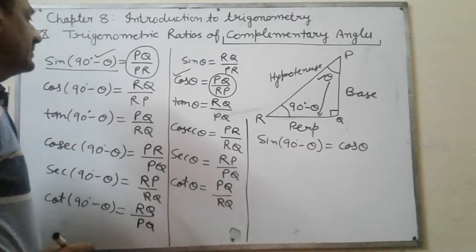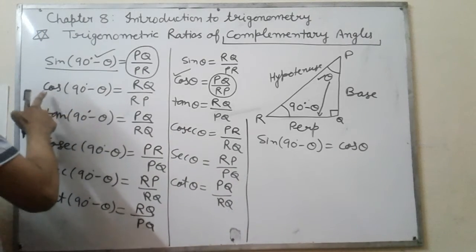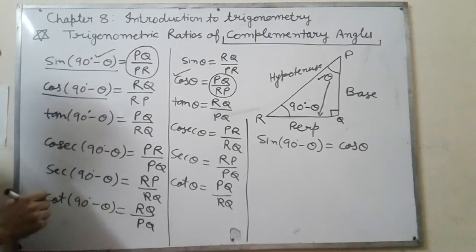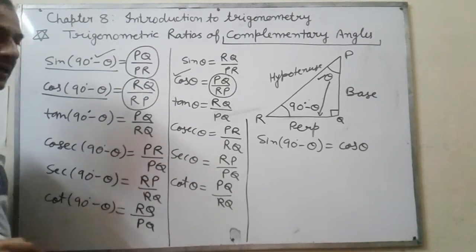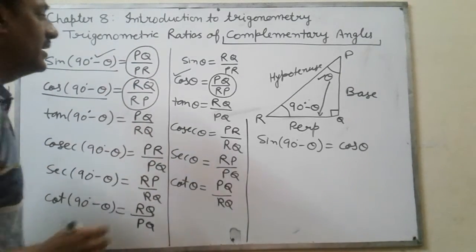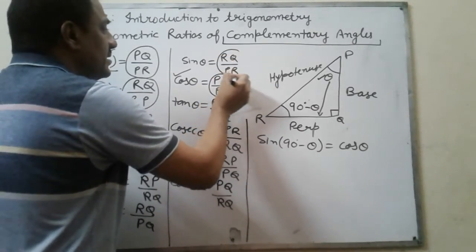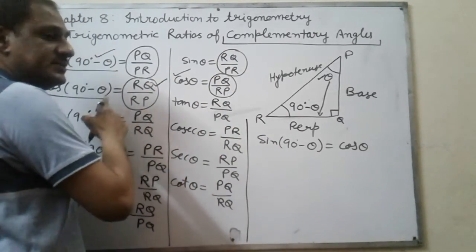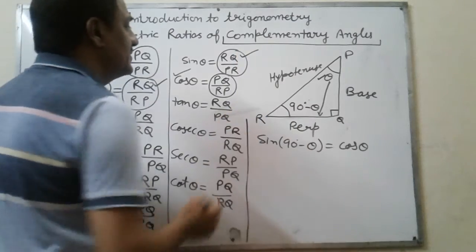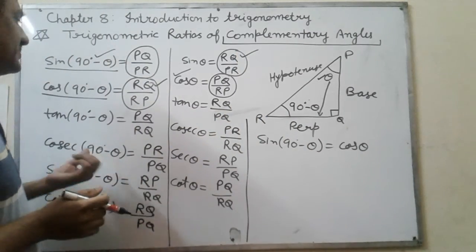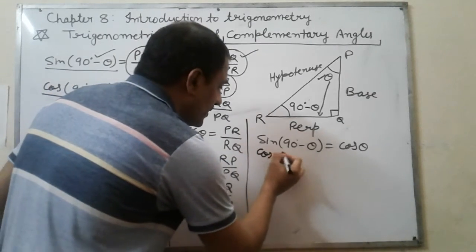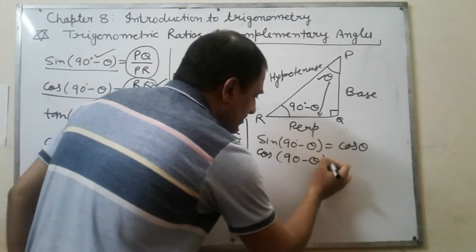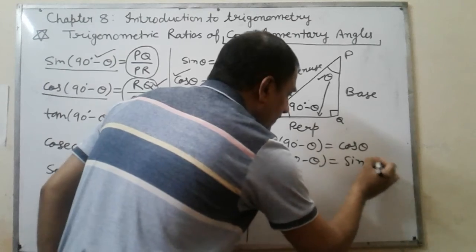Second case, here cos 90 minus theta is equal to RQ upon RP, and RQ upon RP is here. The right hand sides are equal to each other. Then we say that cos 90 minus theta is equal to sin theta.